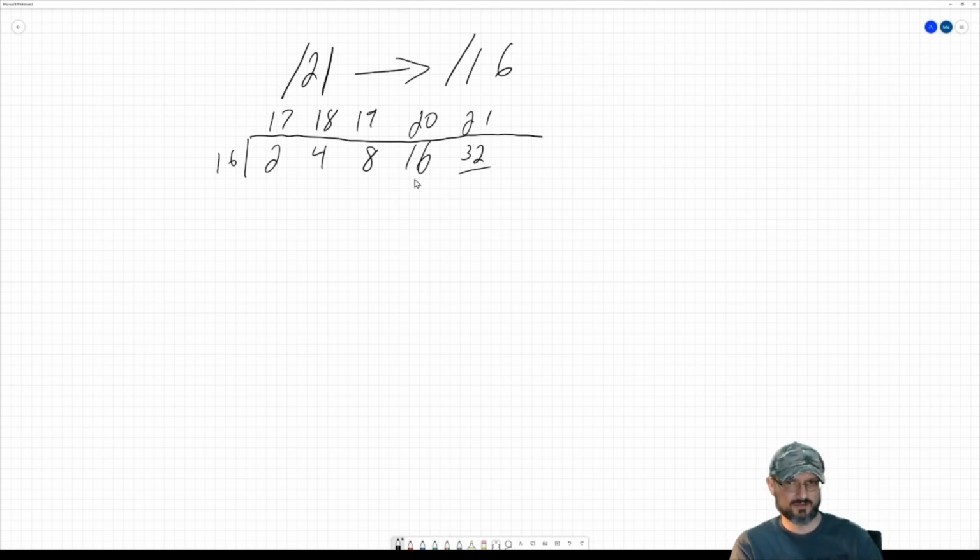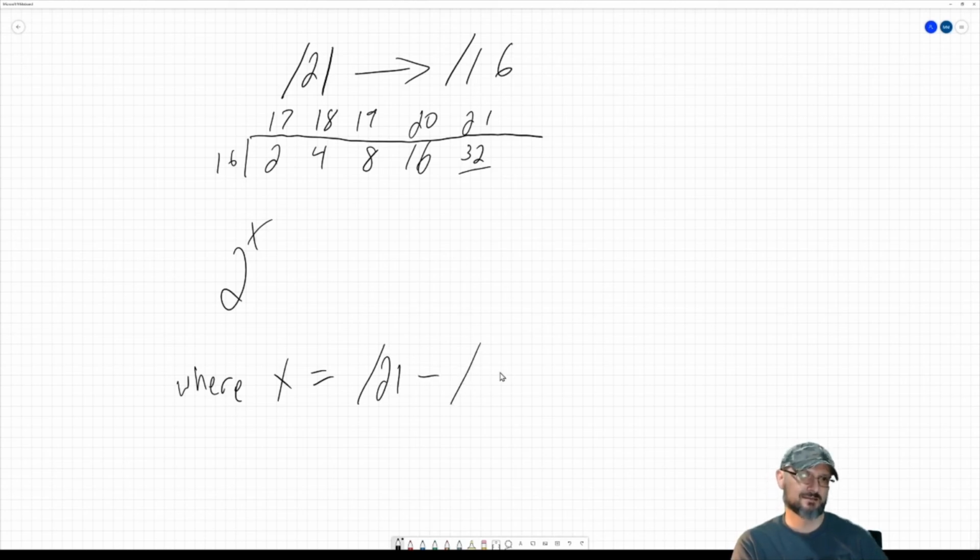Another way to figure that out is by saying the formula is 2 to the x, where x equals the smaller subnet mask, which is actually the larger number, 21, minus /16.